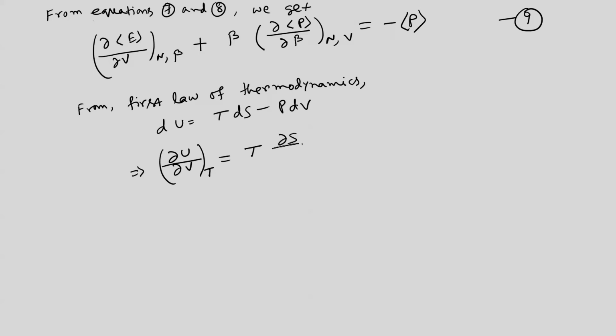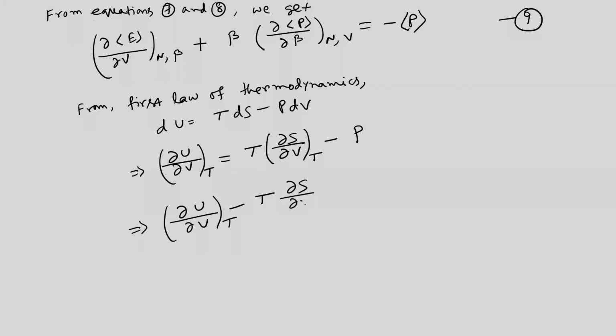We get del U by del V at constant temperature is nothing but T times del S by del V at constant temperature minus P. So, we get del U by del V minus T del S by del V at constant T is minus P.